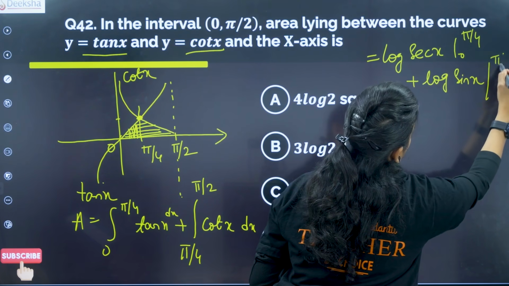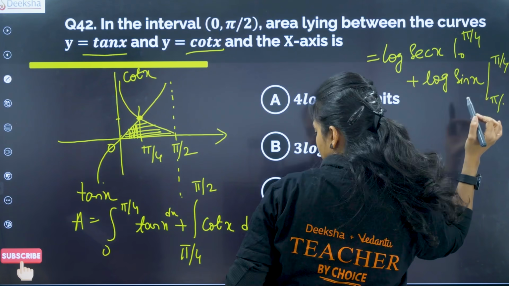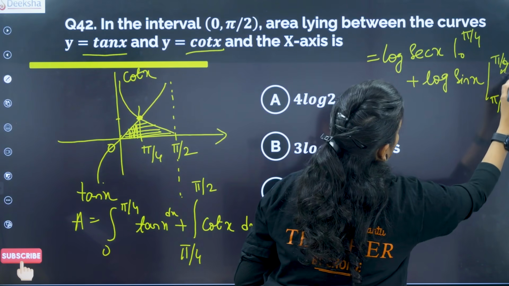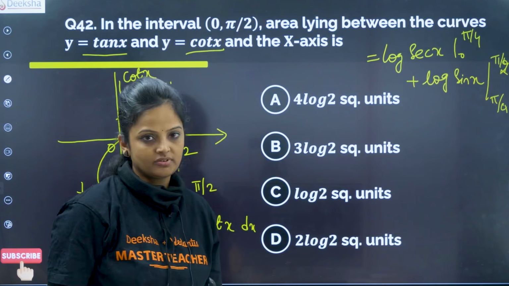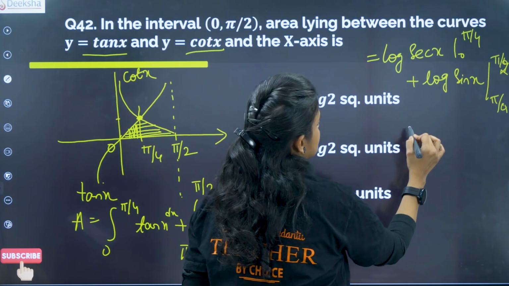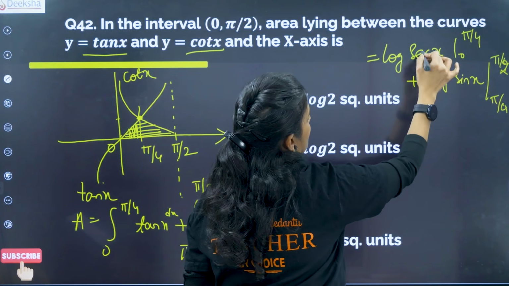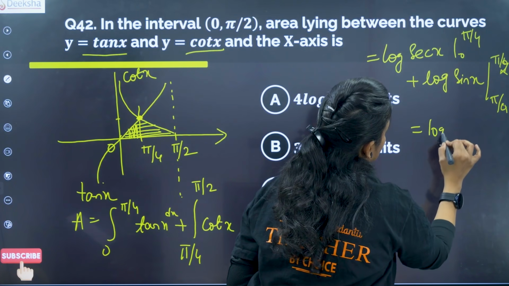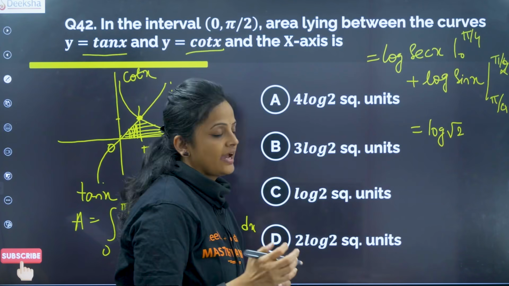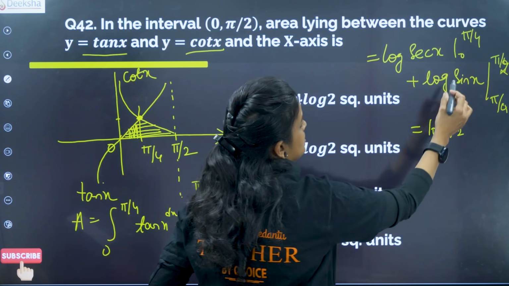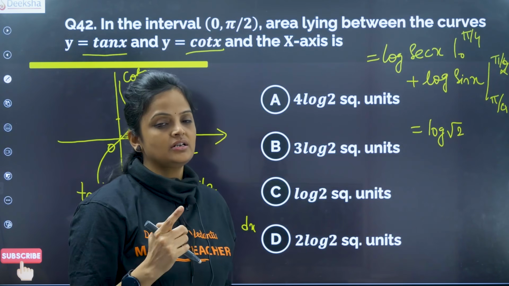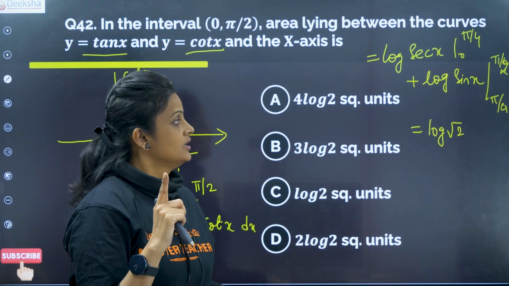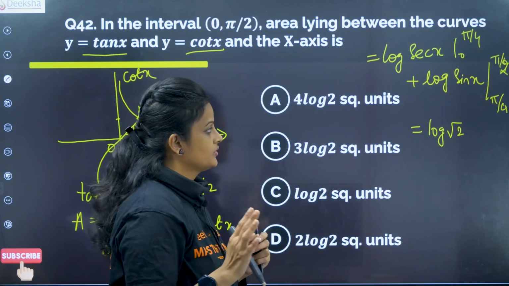Upper limit will be pi by 4 for this, lower limit pi by 2 for this, and this is pi by 4. Substitute. On substituting this, log of secant of pi by 4 will give you log of root 2. See, in this kind of calculation you can be faster. So secant 0 will be 1, log 1 will be 0, you don't have to write it.